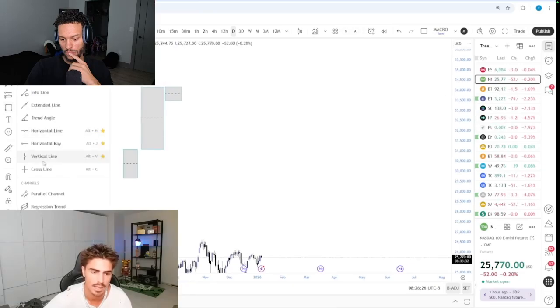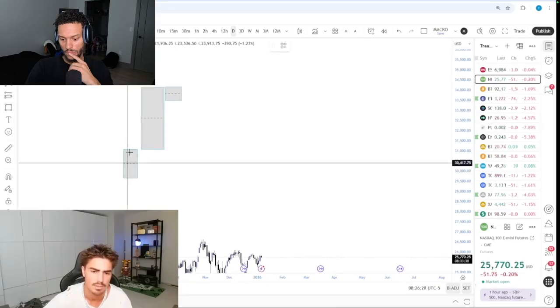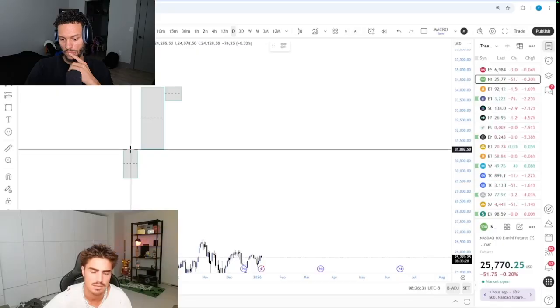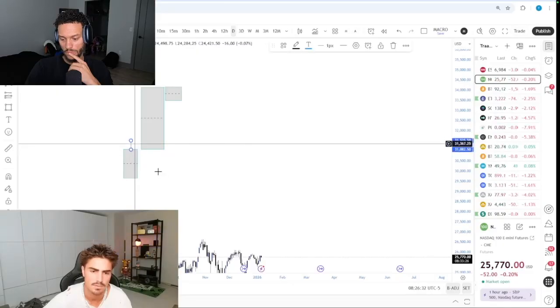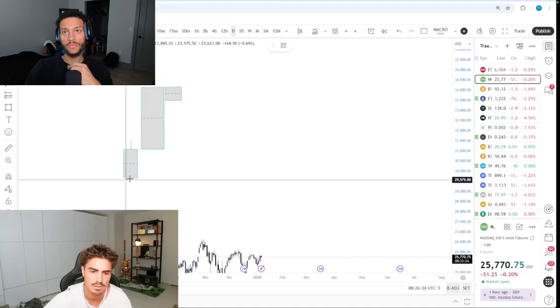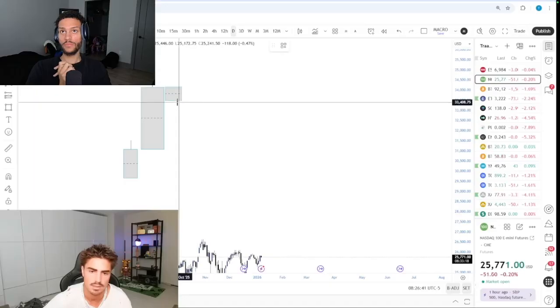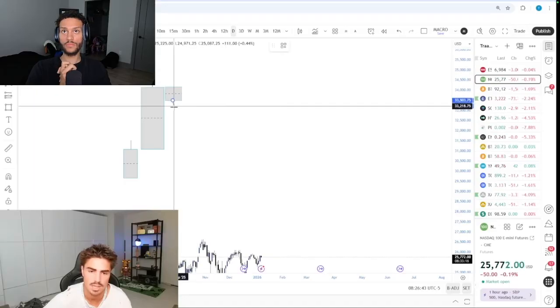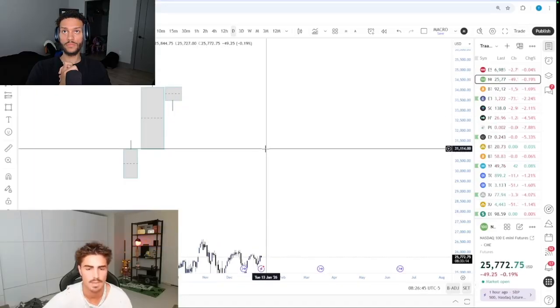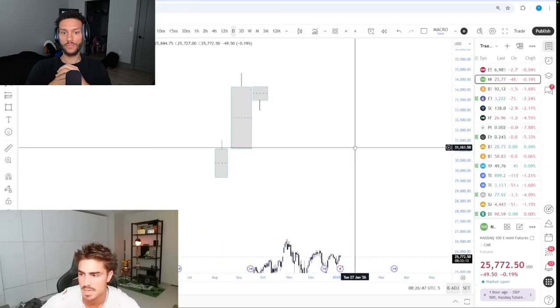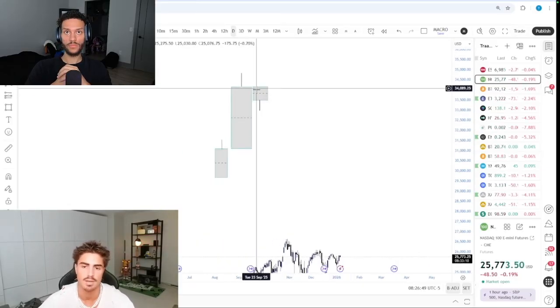And we'll use little trend lines to mark the wicks of the candle. This bottom wick doesn't really matter. This candle's wick doesn't really matter either. We can just do it like this. Really just the top and the bottom wick matter. So this is essentially what a fair value gap looks like.